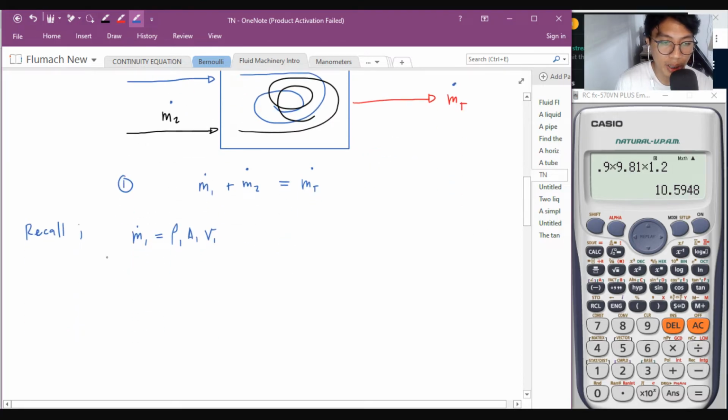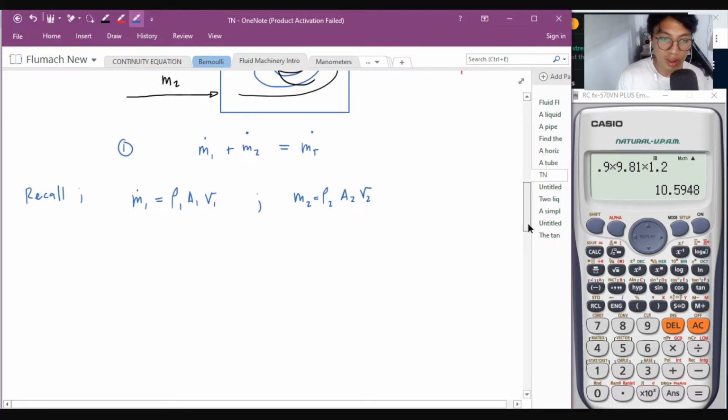Okay. And M2 simply is density 2, area 2, and then velocity 2. Tandaan nyo yan. So, we put it in here, okay? Yan. So, yung equation 1 mo is M1 plus M2 equal to MT. So, dito yan ha.